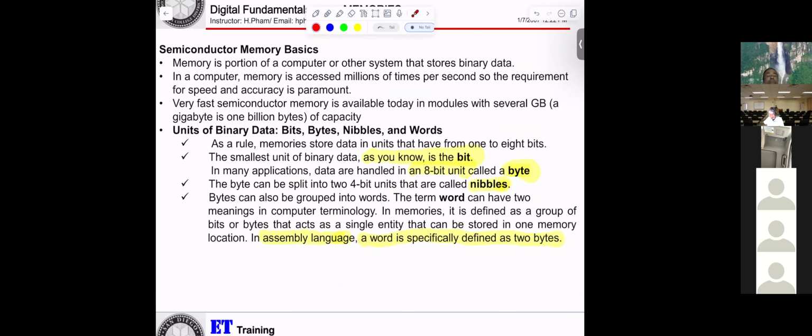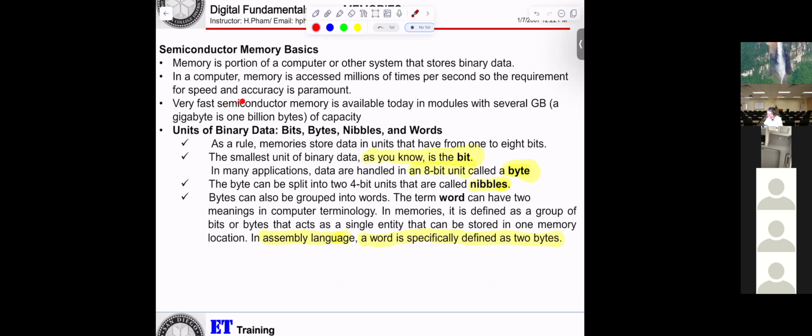Okay, semiconductor memory basics. Memory is the portion of a computer or other system that stores binary data. In a computer, memory is accessed millions of times per second. So the requirement for speed and accuracy is paramount.